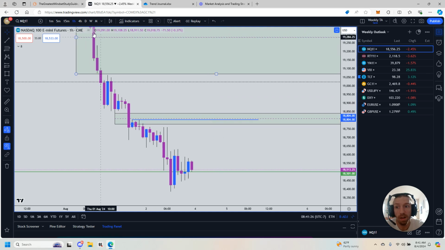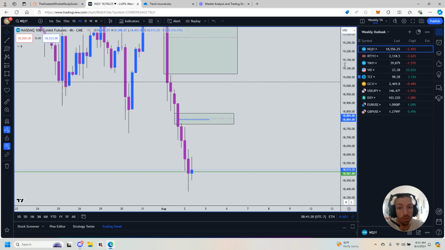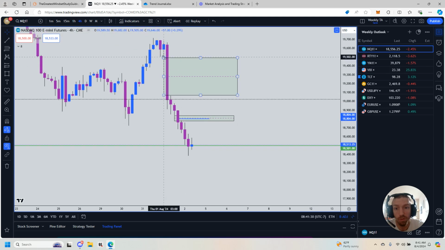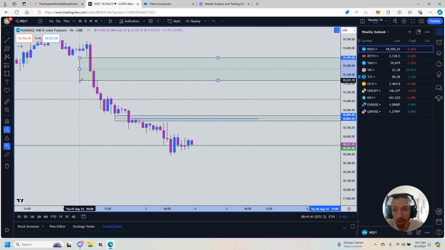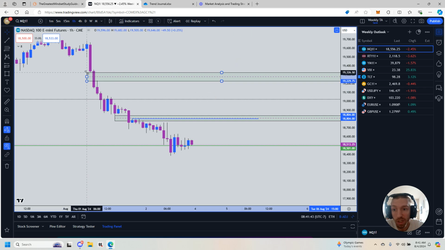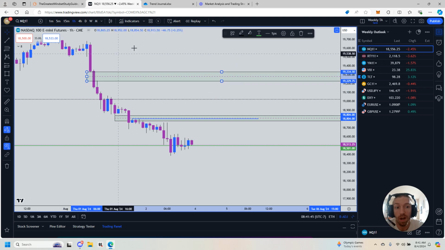Next, if it gets above that and starts inverting that, I would look for this very large fair value gap on the 4 hour chart right up here. Again, a nice easy level to look for, very large. And if it does, you could even possibly refine it down to this fair value gap on a 1 hour.